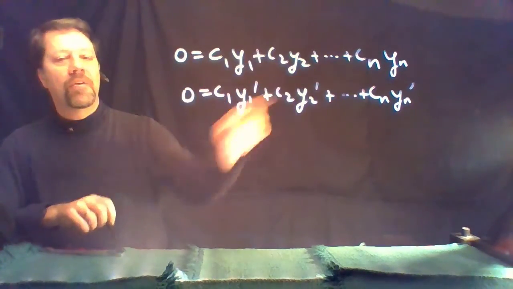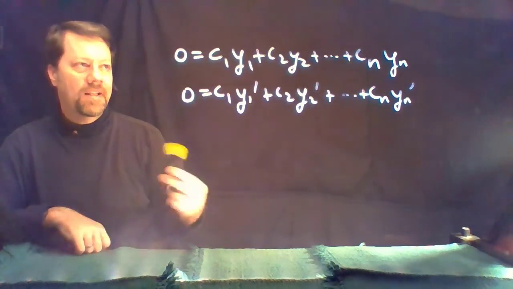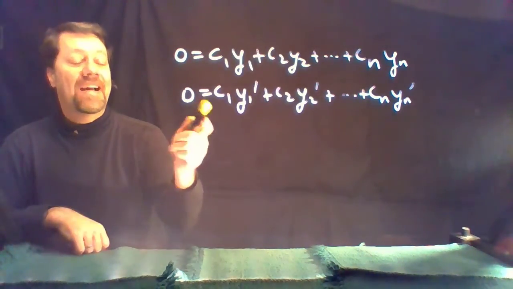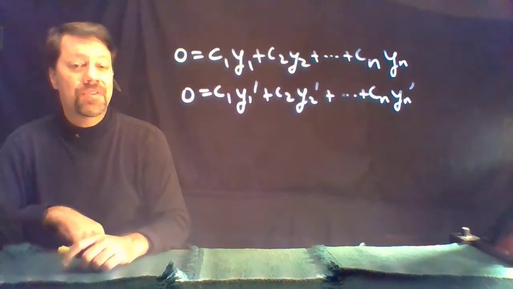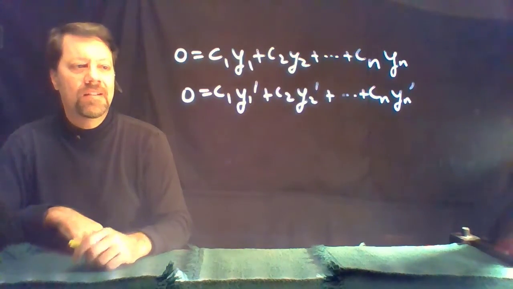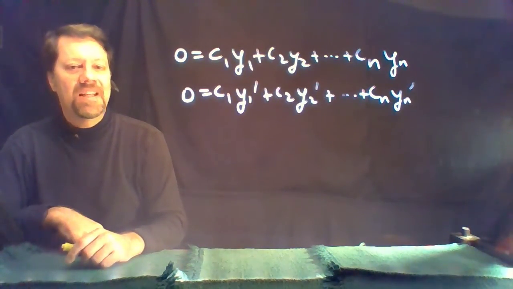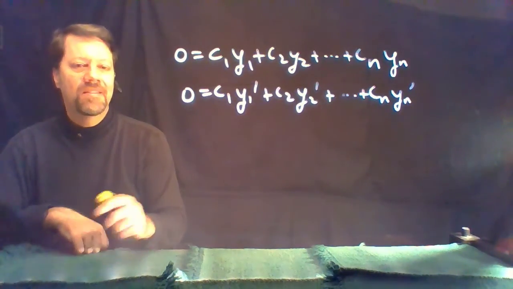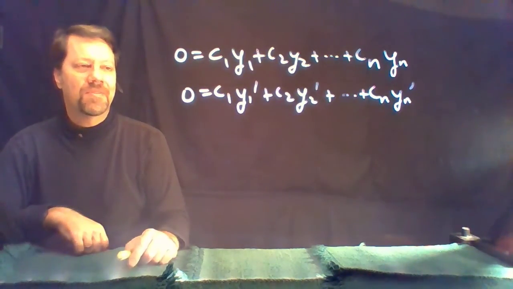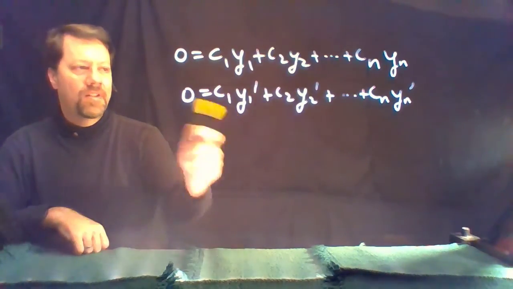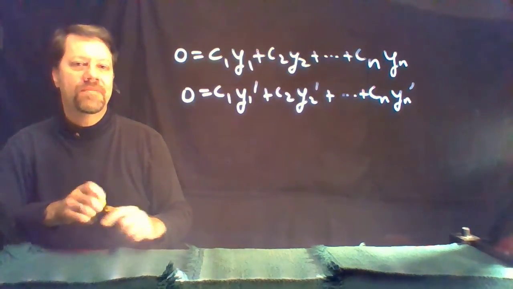I started out with one equation in n unknowns, C1 through Cn. I now have two equations in n unknowns. But if I have n different unknowns, it takes n equations to specify those unknowns. This is the zeroth derivative equation, the first derivative equation.